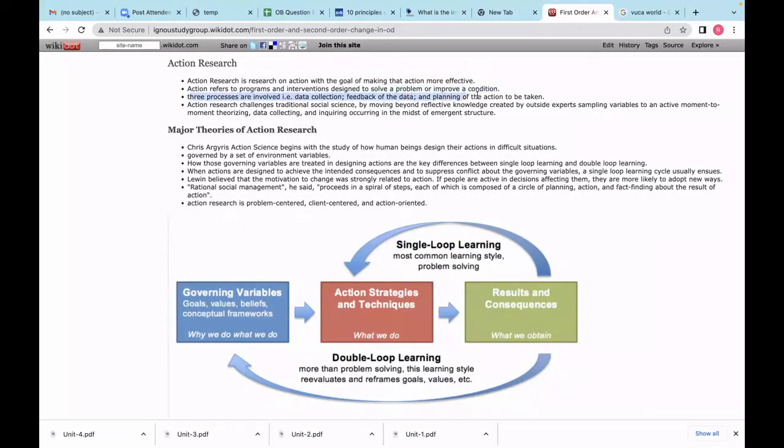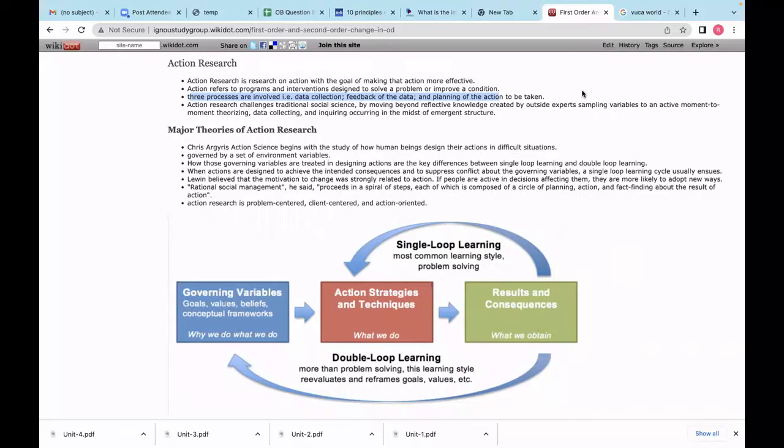Then you analyze the data. The term used in the textbook is feedback of the data. I thought this is a wrong word. Basically, feedback of the data is nothing but analyzing the data. And you are planning the action. So these are the 3 things: collecting the data, feedback of the data, or analyzing the data, and planning the action.